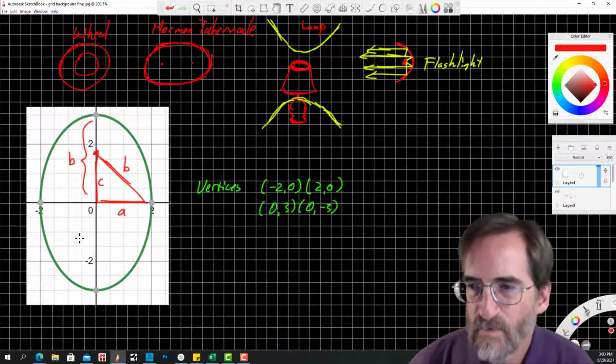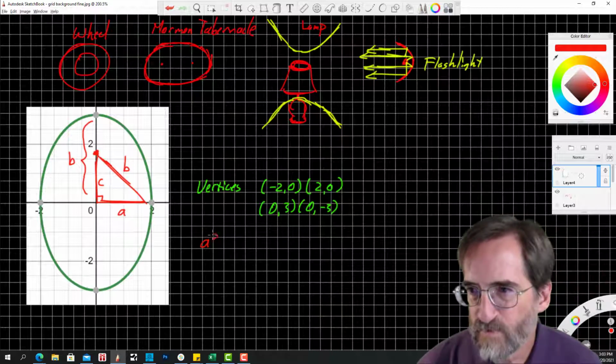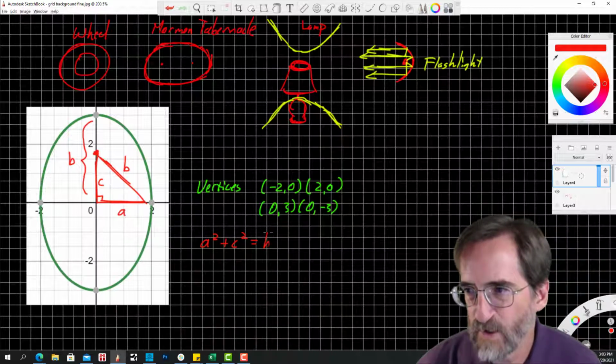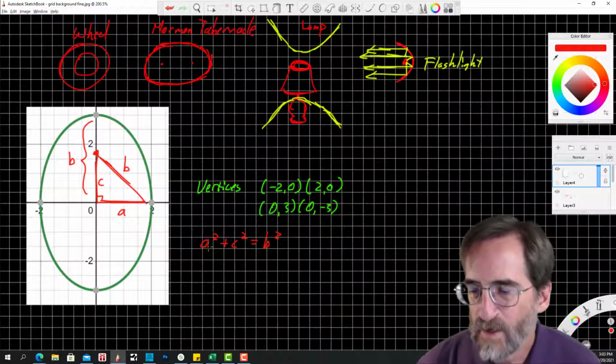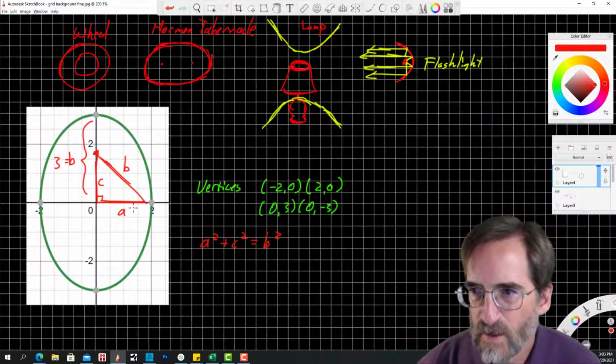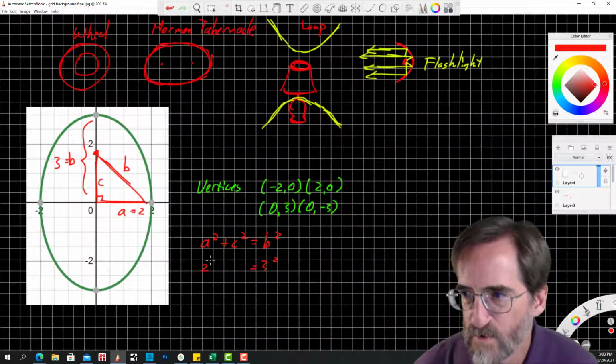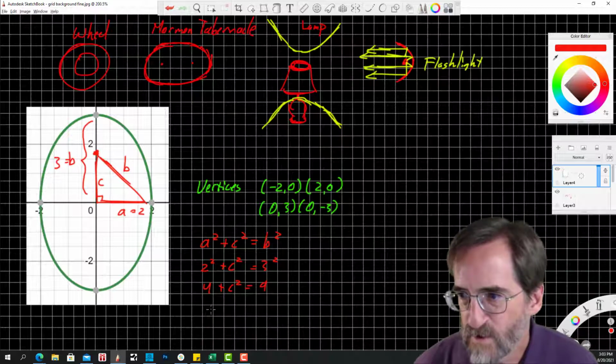So c, the distance from the center to the focus, is given by this. So a squared plus c squared equals b squared, right? Or more specifically here, b is 3, a is 2, so 3 squared here, 2 squared here. So we get 4 plus c squared equals 9. c squared is 5, and c is the square root of 5.